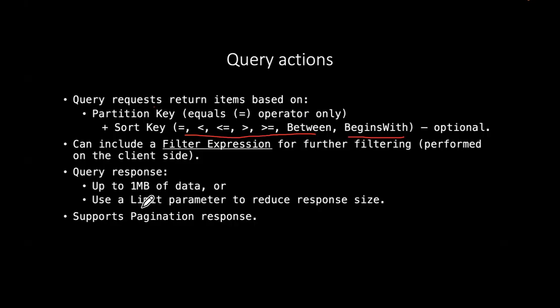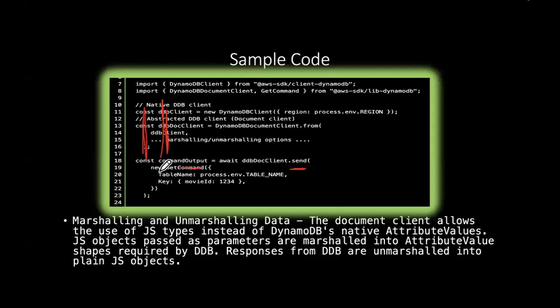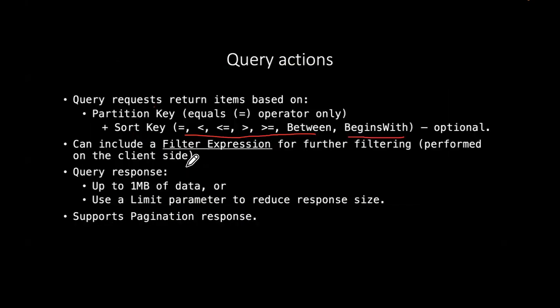So if there were 100 orders for customer number 12345, and we're only interested in, let's say, the top 10, then we could specify that by using the limit parameter in our query request. By query request, I simply mean this code here. Clearly, it's not going to be a get command. There is a query command as well available to us.